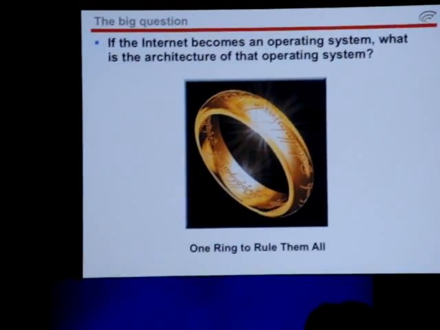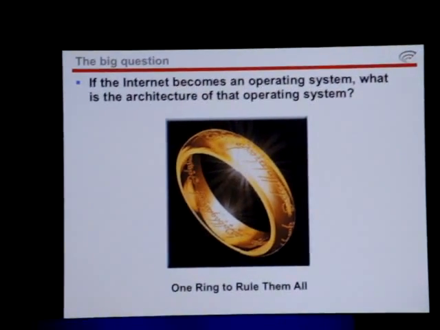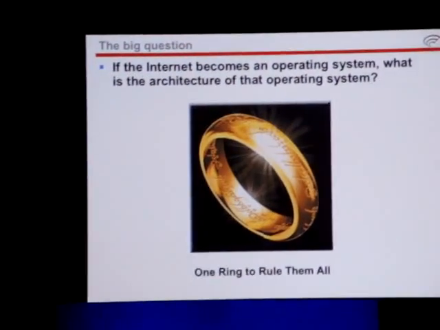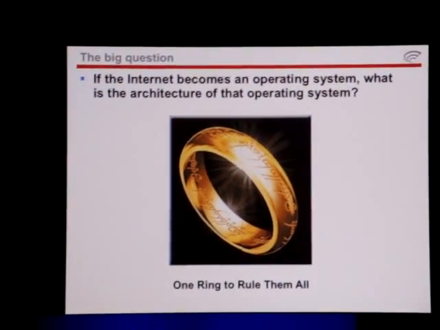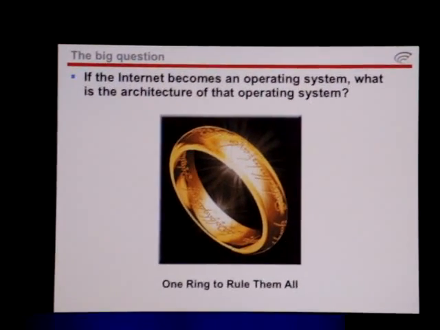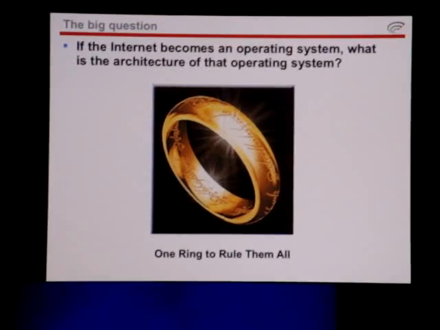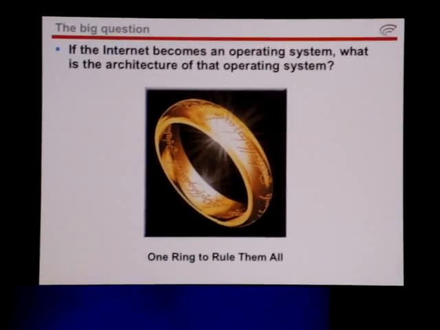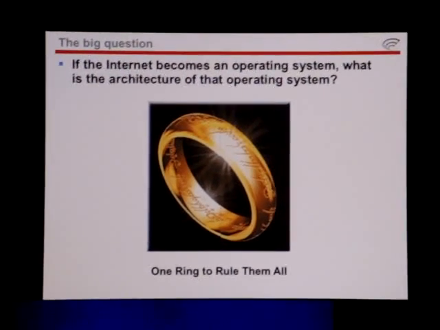And I worry a lot that we could end up with the kind of internet operating system that we had in the PC era, which was, to use an analogy from Lord of the Rings, one ring to rule them all. The idea is that a platform is something that one company uses to get everybody working for them, as opposed to the platform being an enabler.